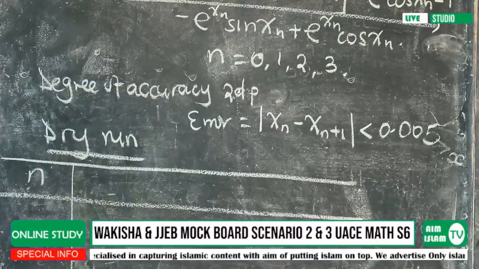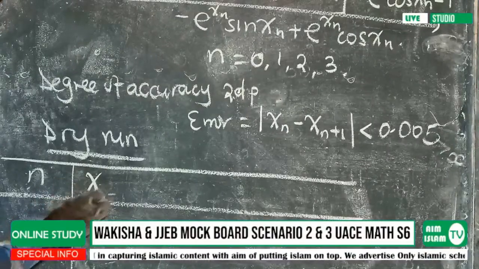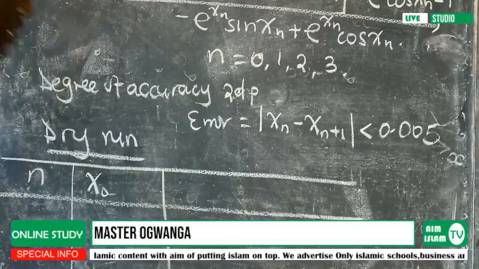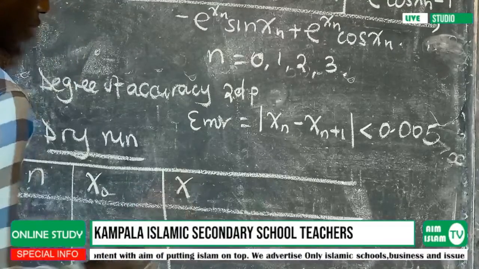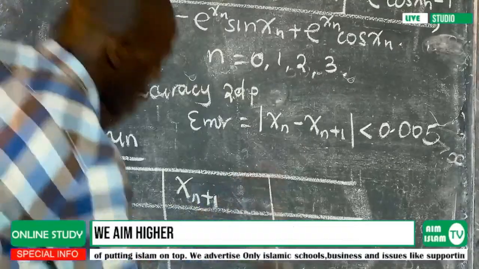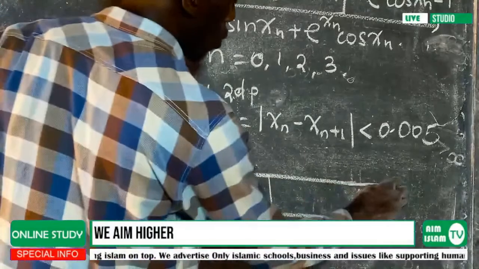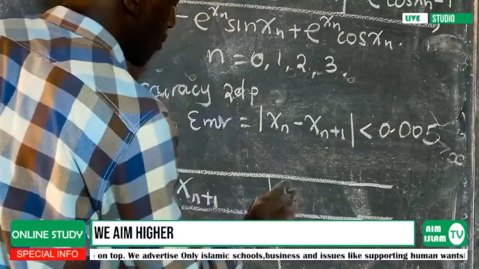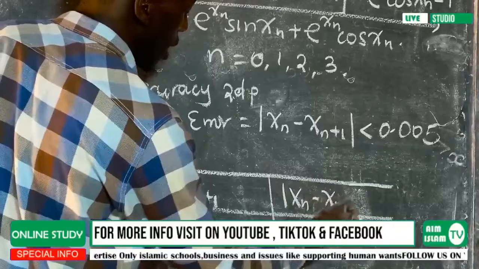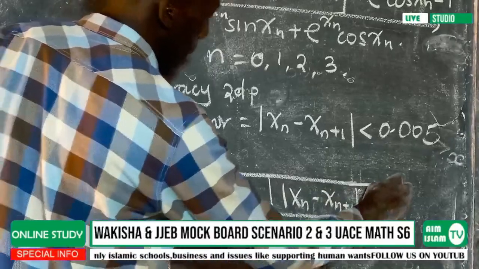And then we'll have the values of x naught, that was the initial approximation. The values of x naught will be followed by values of x n plus 1. Then finally, we will look at the error now. That will be the magnitude of x n minus x n plus 1.